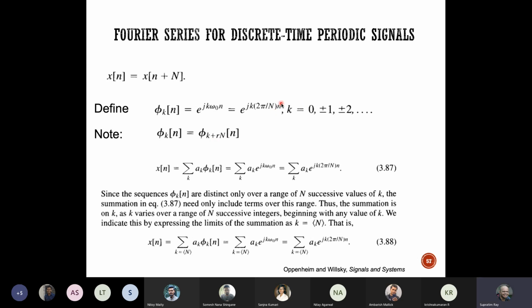So this is very important. Unlike t, which was continuous, this k here is discrete.